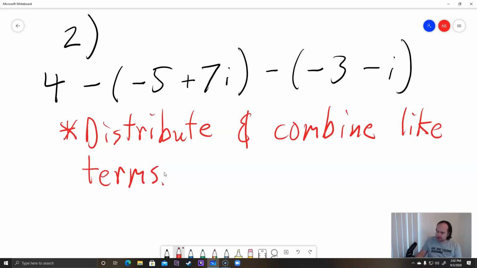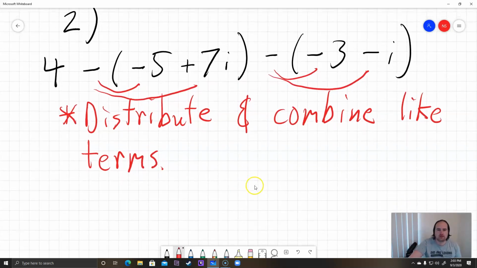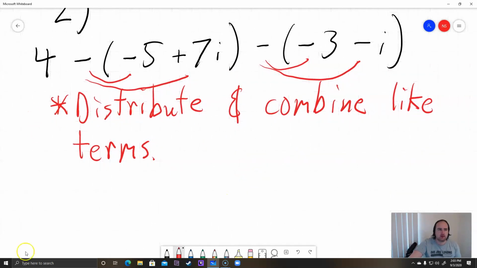Okay, so distributing the negative over each set of parentheses. That's going to switch all the signs. So we're going to have 4 plus 5 minus 7i. So notice I switched the sign of the negative 5 and the plus 7i to positive 5 and negative 7i.